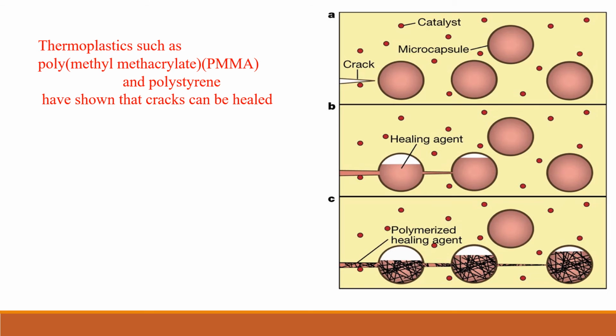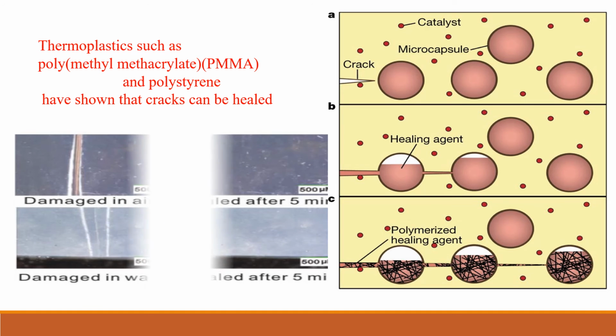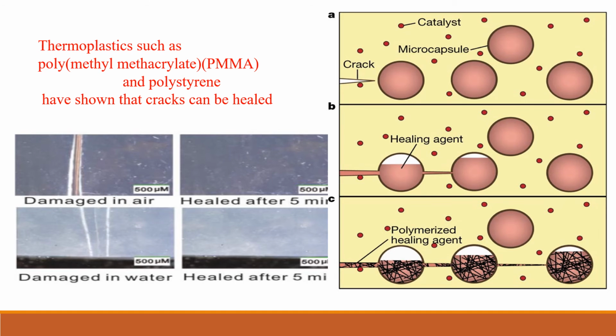Once a crack occurs in the polymer, these embedded healing agents break and the solution oozes out or leaks out. This leaked out solution slowly heals the crack or the breakage. See here, there is a particular polymer which was damaged in air and it was healed after 5 minutes.